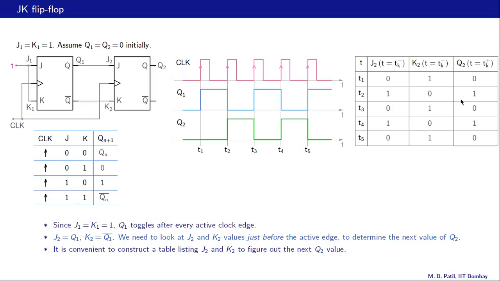So the next Q2 is going to be 1, and that is what we see over here. And you can figure out the rest of these transitions in a similar manner. The important thing to note is we always look at J and K values just before the active edge.